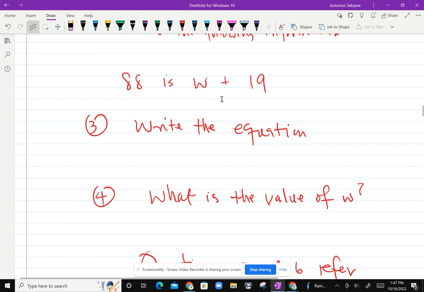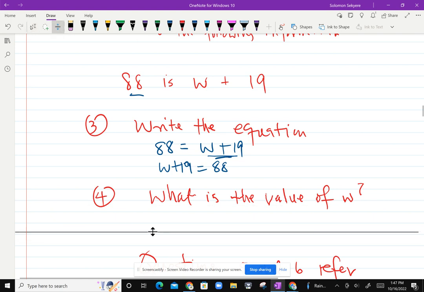88 is W plus 19. How do you write it? Let's follow it. 88 is means equal to W plus 19. So W plus 19 is 88. Okay, what is that box?